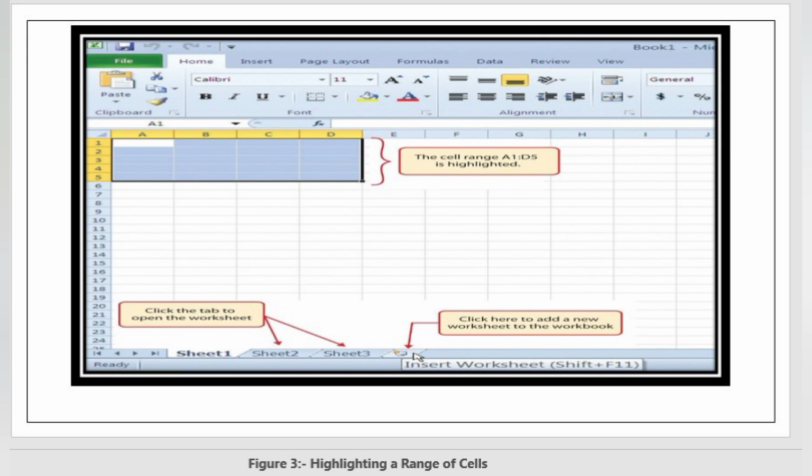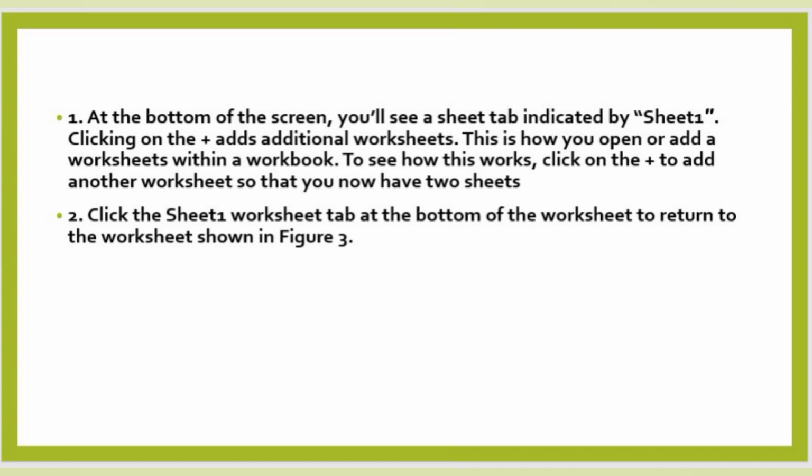At the bottom of the screen, you will see a sheet tab called Sheet1. Clicking on the plus adds an additional worksheet. Click the Sheet1 worksheet tab at the bottom to return to the worksheet shown in figure 3.